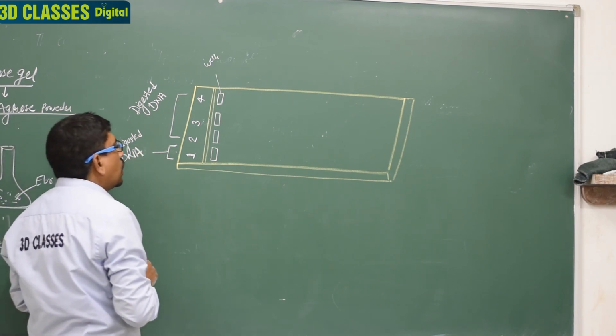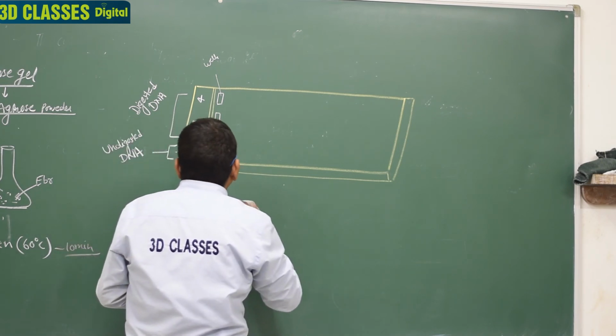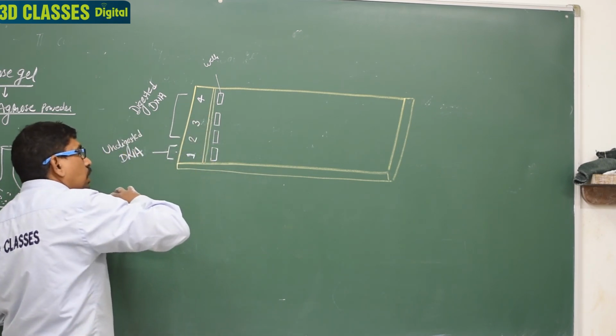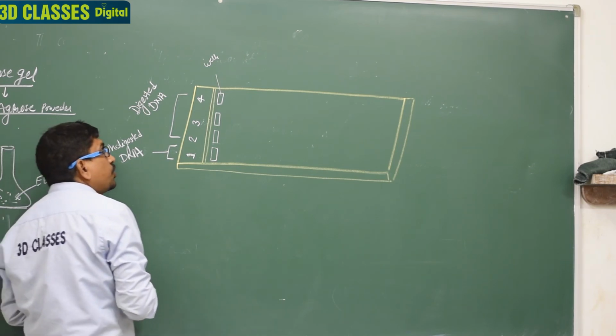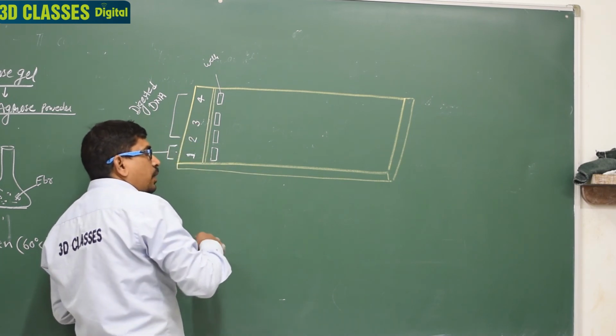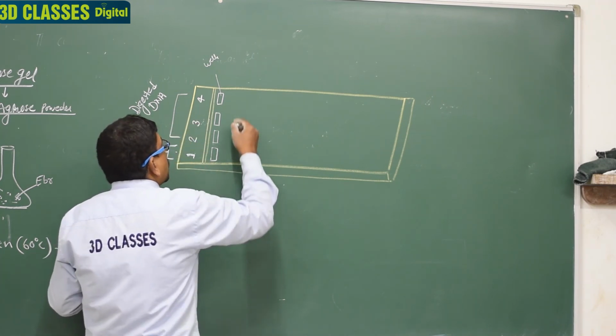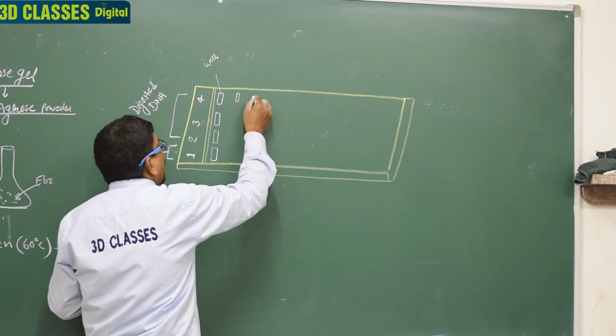Clear? And after the UV light treatment, when this gel plate is inserted in the UV chamber, the band pattern is represented. So here we obtain the bands like this.